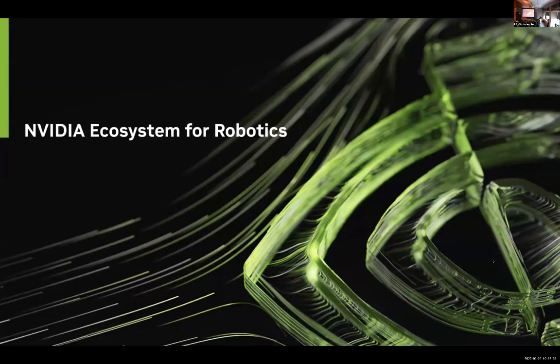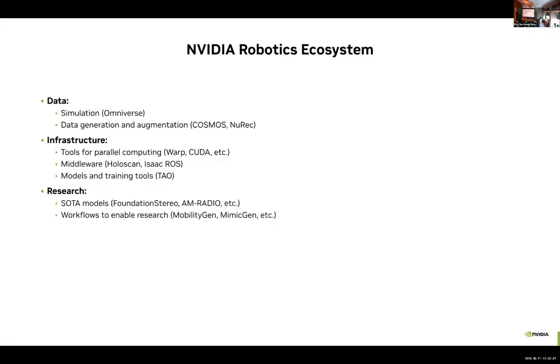Okay, we have another 10 to 15 minutes. I'll go into what NVIDIA offers robotics for different types of tasks. Looking at the high level, some of the problems we're trying to solve in robotics, first, is the data problem, as we mentioned before.